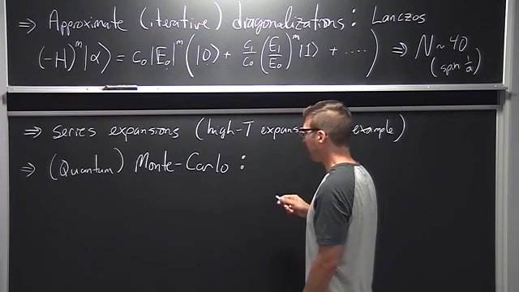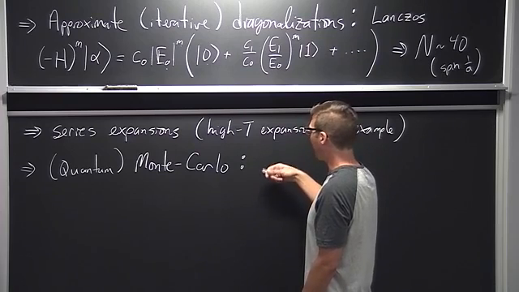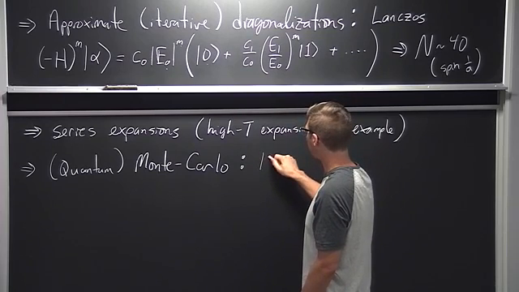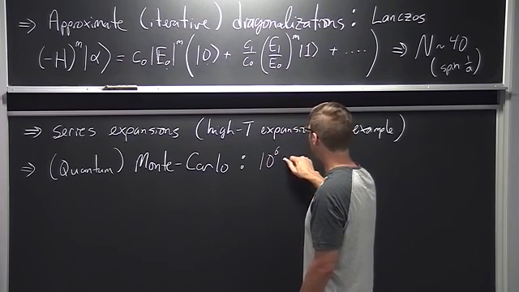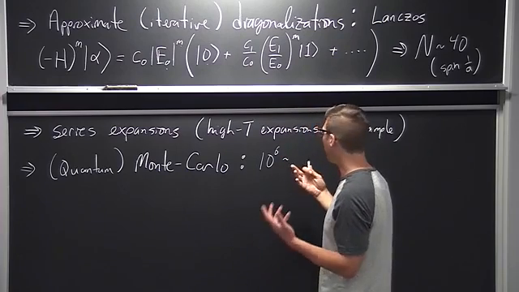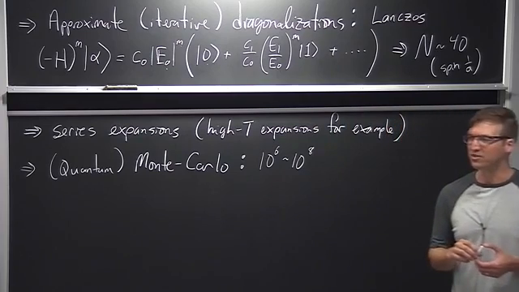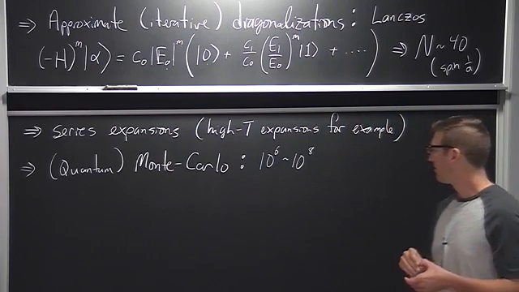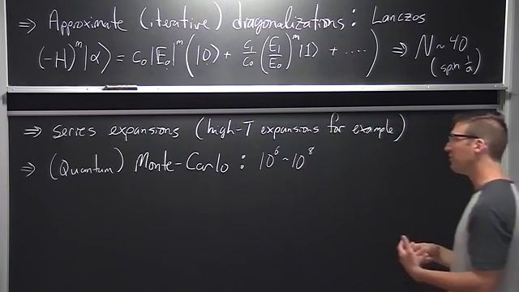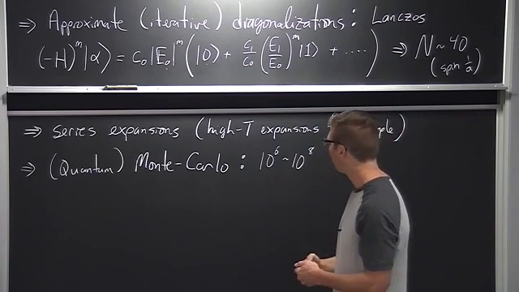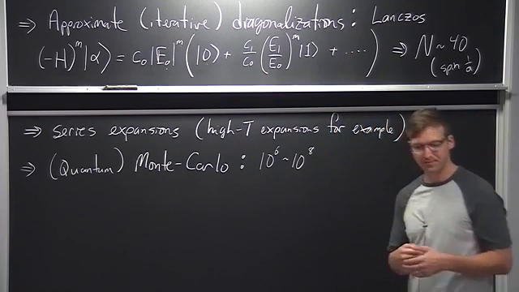And then you update accordingly and calculate thermodynamic estimators. Depending on what your Hamiltonian looks like, we're talking about 10 to the 6 or 10 to the 8 spins typically solved. Statistical equilibrium, finite temperature properties on this size of system.